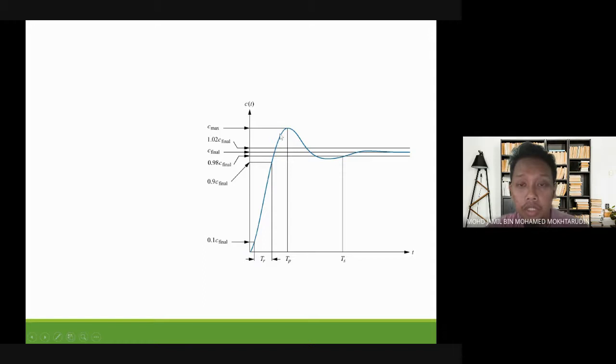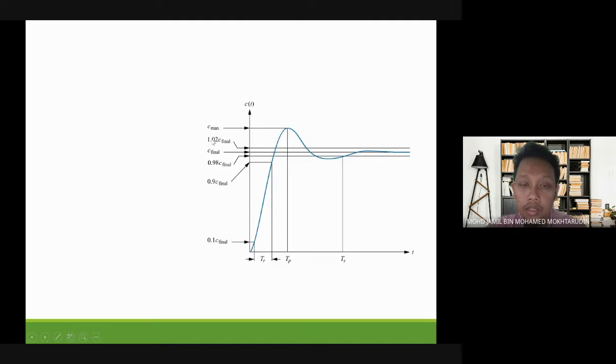Underdamped oscillation will have this kind of graph, or time response. The maximum value here, we call it C max. The steady state value, or when the system reaches a constant value, we call it C final.